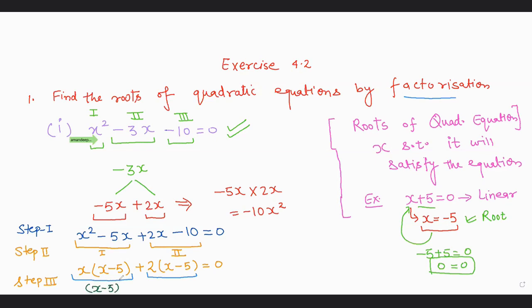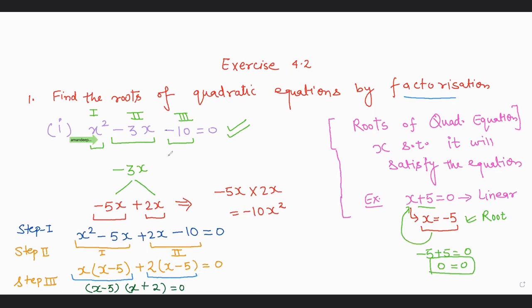If we take x minus 5 common, the remaining part in the first is x and the remaining part in the second is 2. So this is the factorization of our quadratic equation.